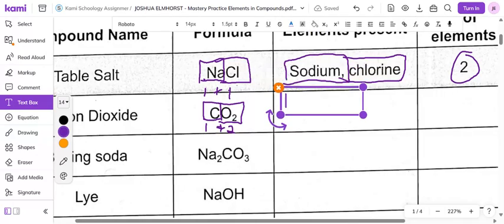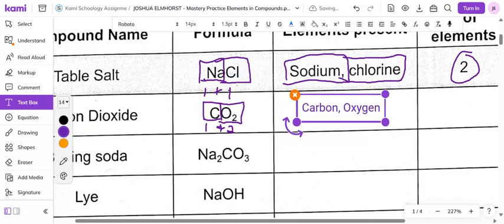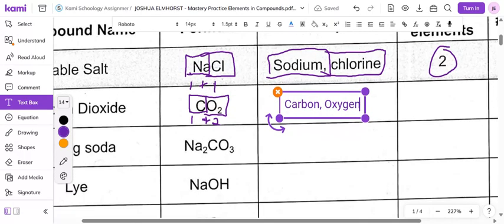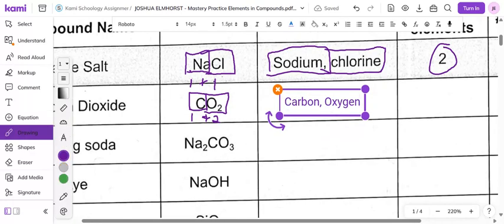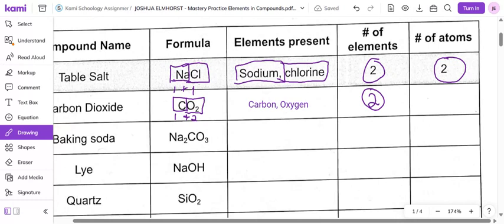C is going to be carbon and O is going to be oxygen. So we got our 2 elements. And then we count our elements and we also check the subscripts to see if we have more atoms. And that's going to be a total of 3 atoms.